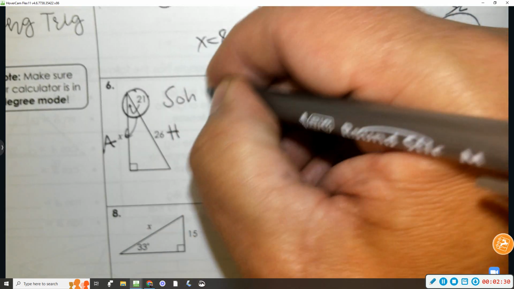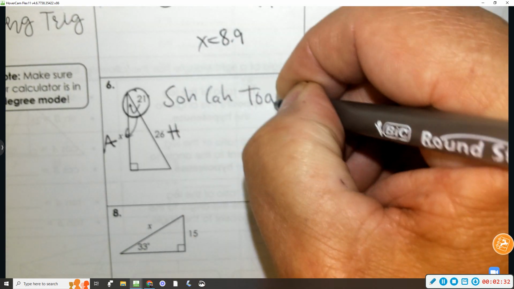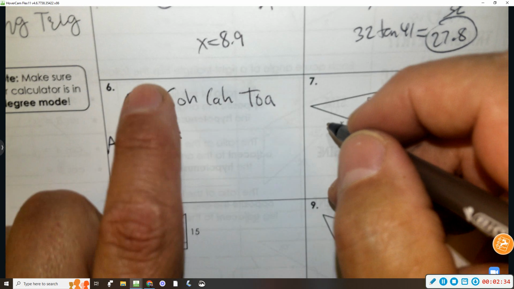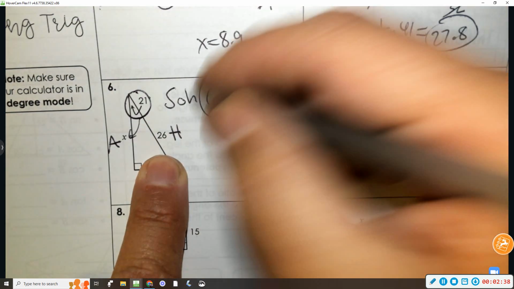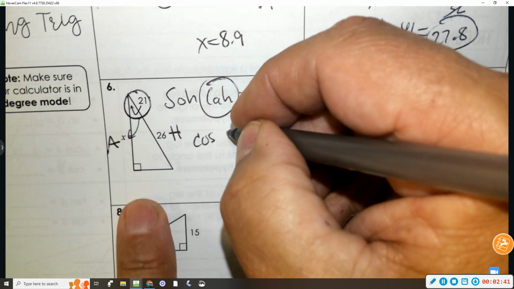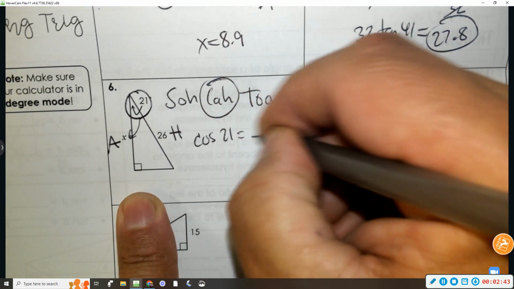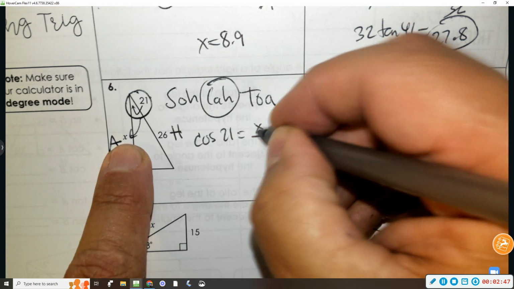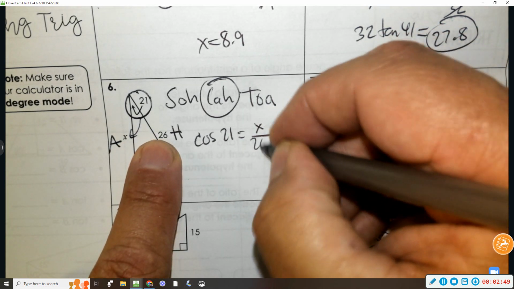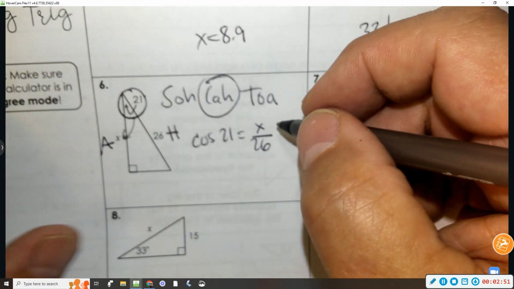So CAH, which of these trig ratios uses adjacent and hypotenuse? And then we write down cosine of the angle, 21, is equal to, the numerator is the adjacent side, which is x. The denominator is the hypotenuse, which is 26.